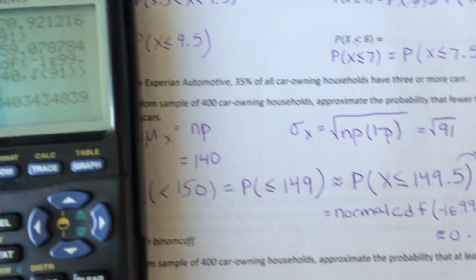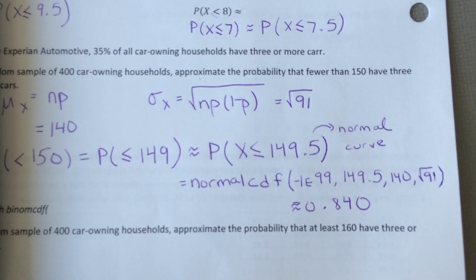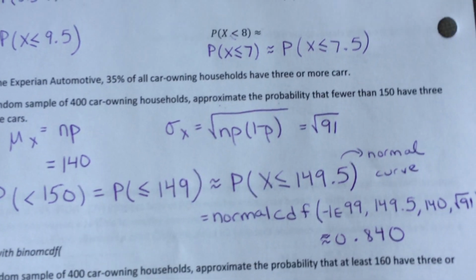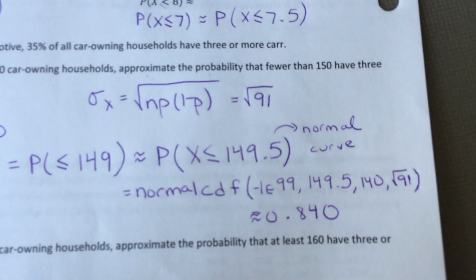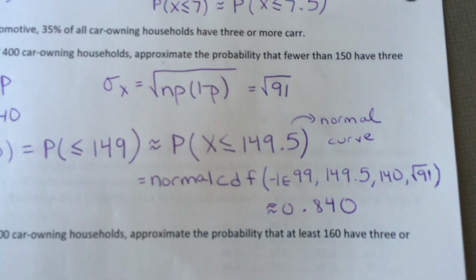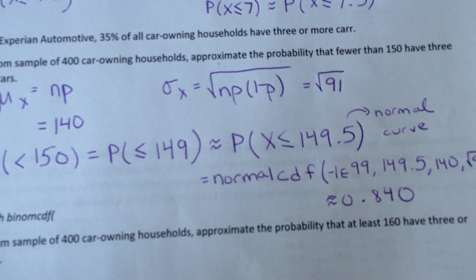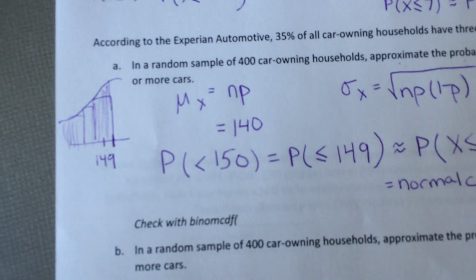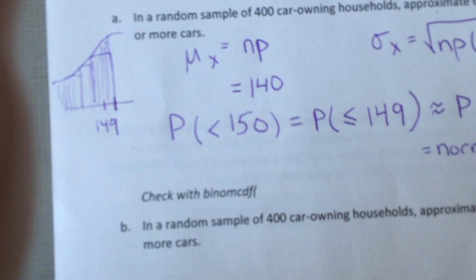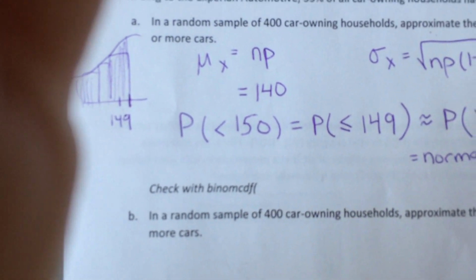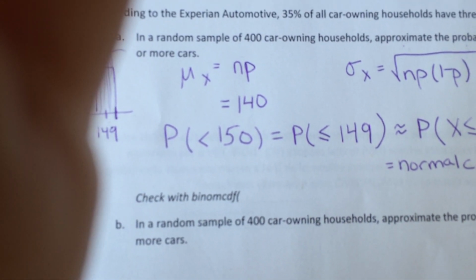So there you go. And like I said, back in the day when we didn't have calculators and we had all the charts in the back, this was much easier than calculating all these by hand. We can actually see how well the approximation is. We can check with binomial CDF, which is cumulative.